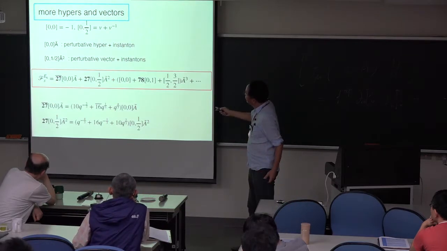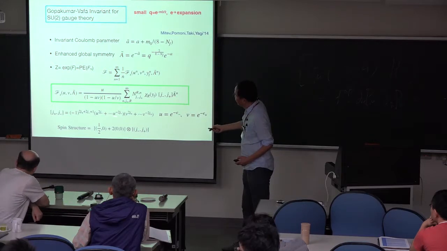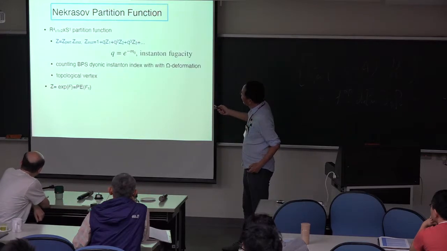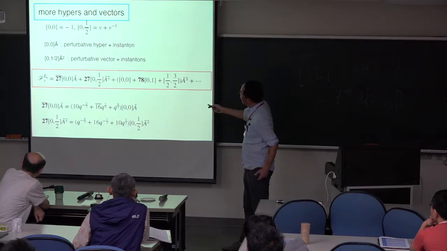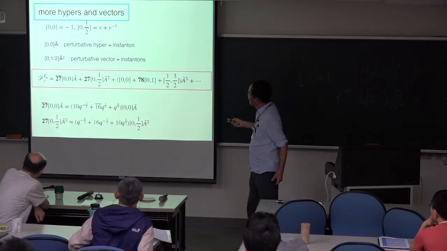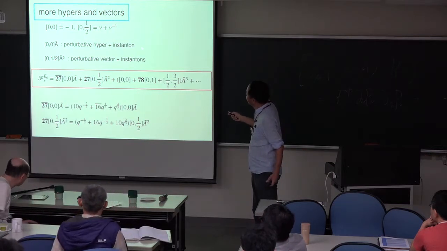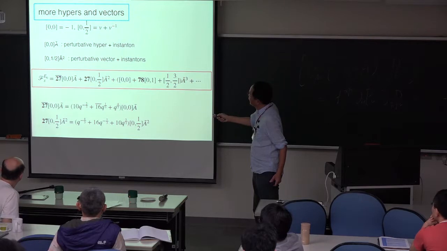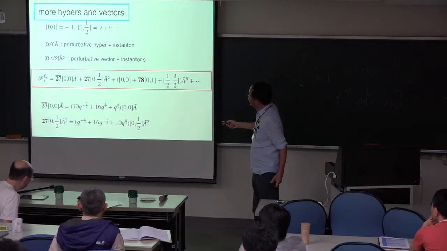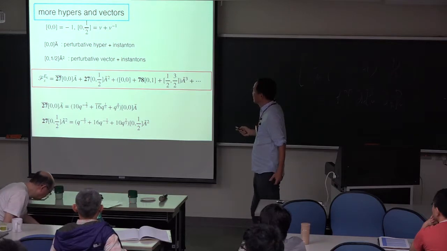So the angular momentum count for (0, 0) is 1, and for (0, 1/2) it is -1, given by v plus v inverse. And so this one covers the perturbative hypermultiplet plus instanton contributions to hypermultiplets, and this one contributes to the perturbative vector multiplet plus contributions from the instantons.